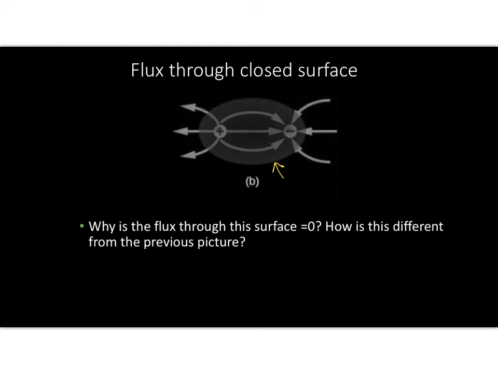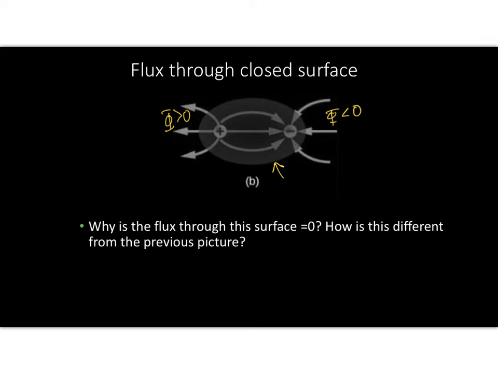So over here, we have flux that is negative because of the negative charge, but over here, we have flux that is positive. So actually, in this scenario, even though we have charge inside the surface, we still have a total flux of zero. So it is different from the previous picture, but it still gives the same result.